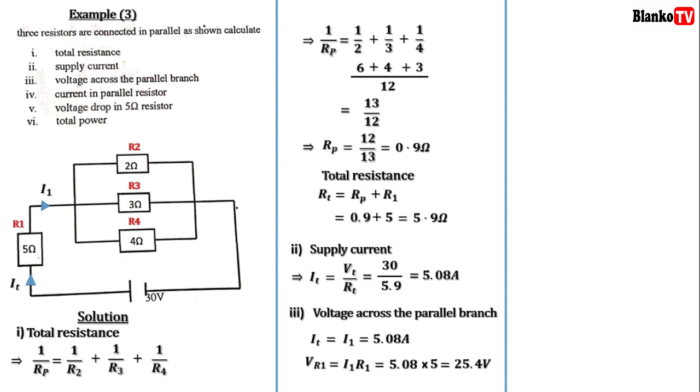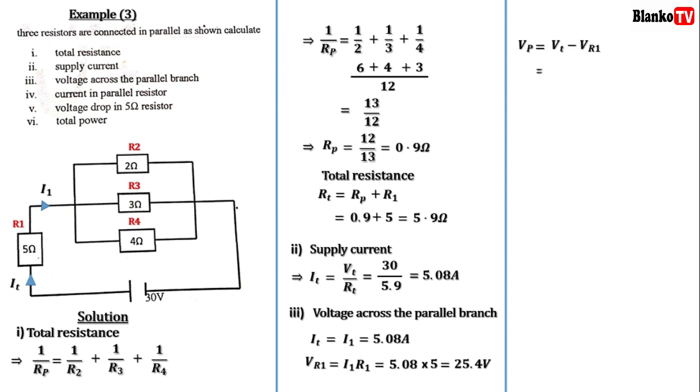To calculate the voltage across the parallel branch, that is VP, we subtract the voltage across R1 from the total voltage. I hope you're following it. We use the formula VT minus VR1, that is, we subtract the voltage across R1 from the supply voltage.